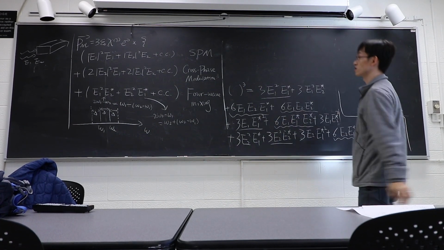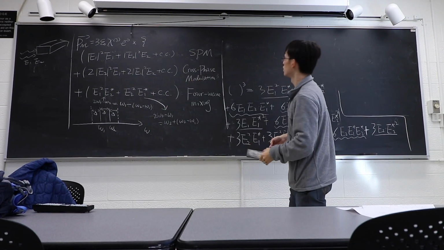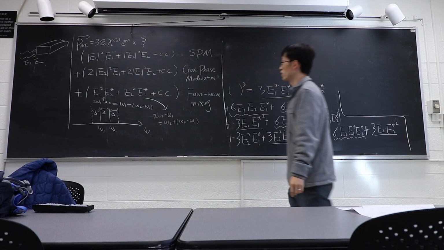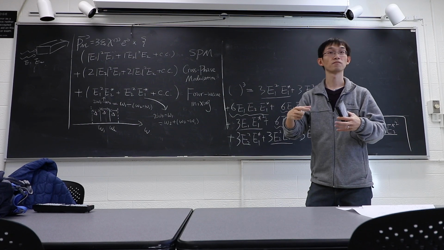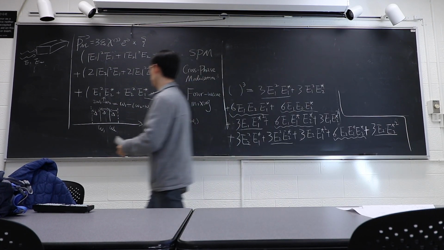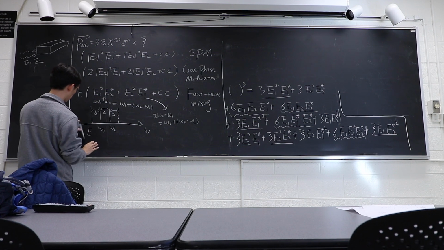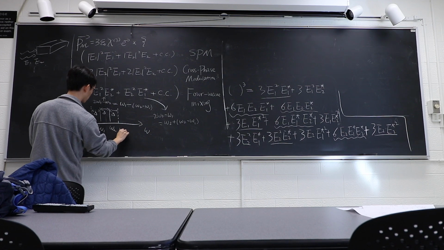And the interesting thing is that when we calculate the nonlinear polarization, you need to include all the fields, all the electric fields. So now you have, probably we can call it, this is omega 3. This is omega 4.